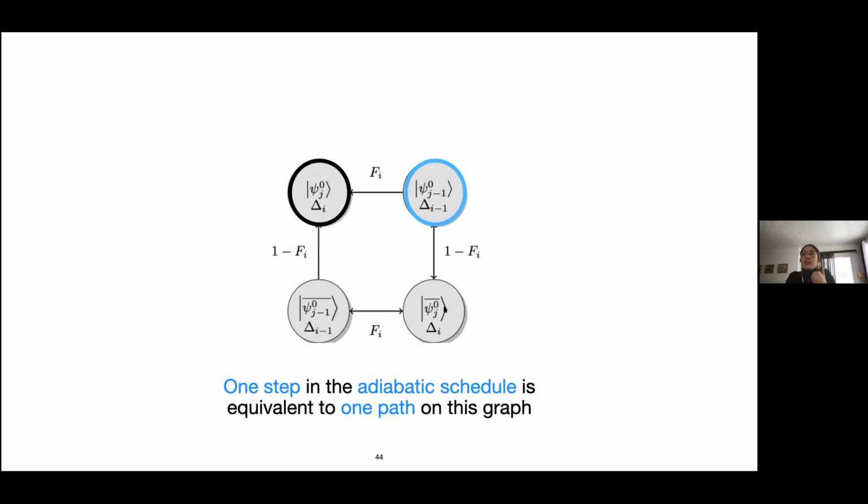By trying to undo the measurement, you could with some probability recover your ground state, but you could also get a state that is, again, orthogonal to the state that you started in. And you can go back and forth on this graph until you reach your final state.